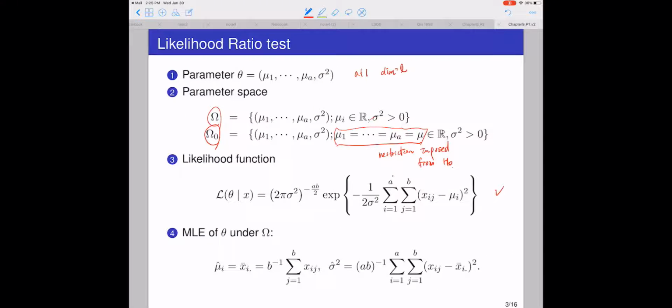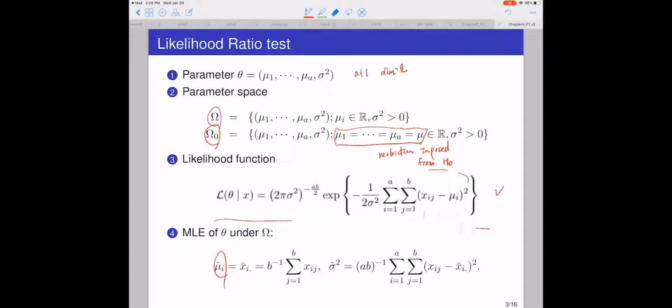So under normality, we can easily derive this likelihood function, and then the MLE. So how to find the MLE? First, we find mu hat i by maximizing this function, which is minimizing this function, for each i.